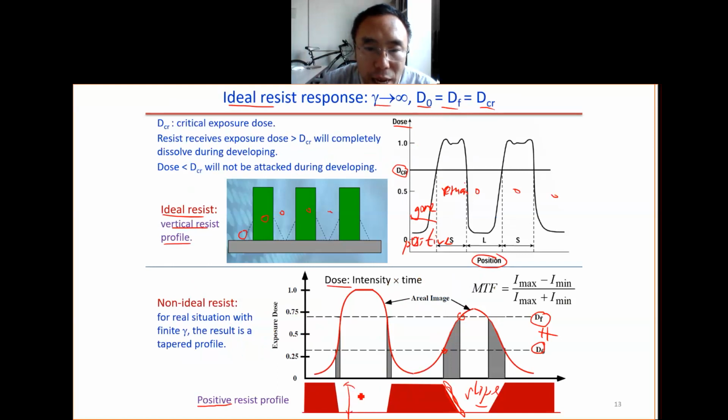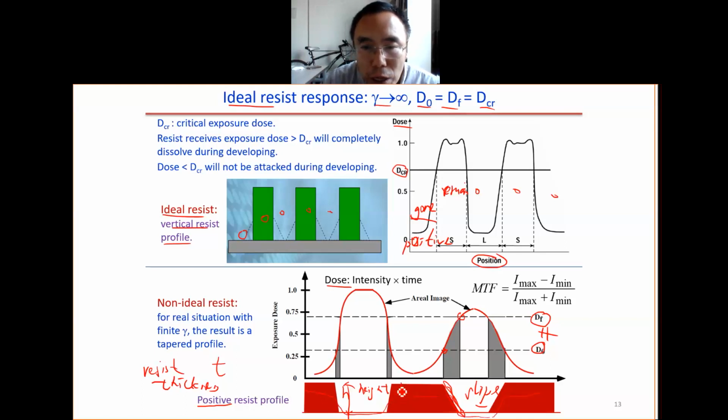So what we really want is for the pattern height after development to be the same as the resist thickness. Then we know the pattern is not lost. Otherwise, for example, if the exposure dose is too high everywhere, the pattern may become something like this.